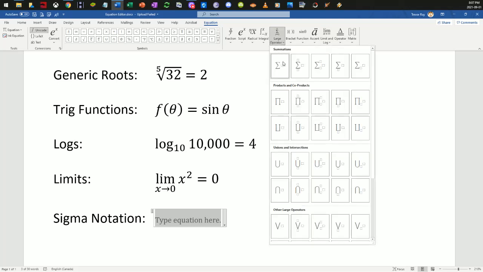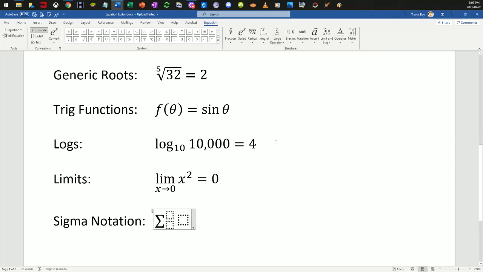So this is a symbol saying add up a whole bunch of things. This is basically saying where to start. So I'm just going to say n equals 1, 3, n squared.